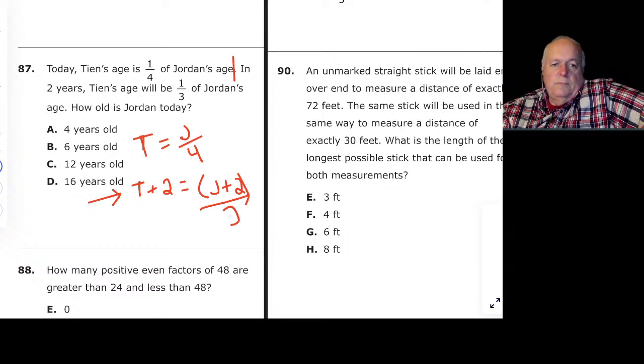Okay, that's a 3. Please be a 3. Okay, so now what we can do is replace T with J over 4 because that's what we have from this. So we're going to take T out and replace it with J over 4.